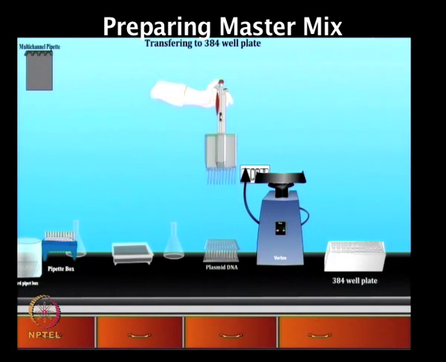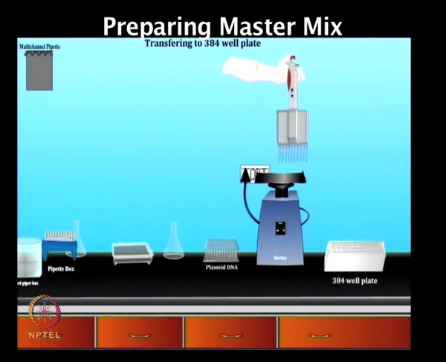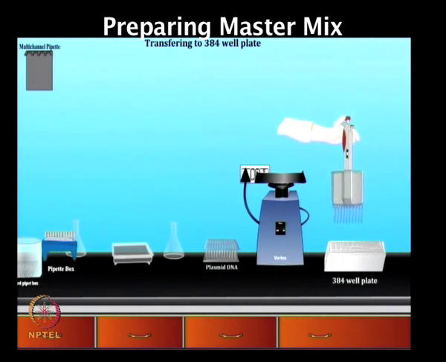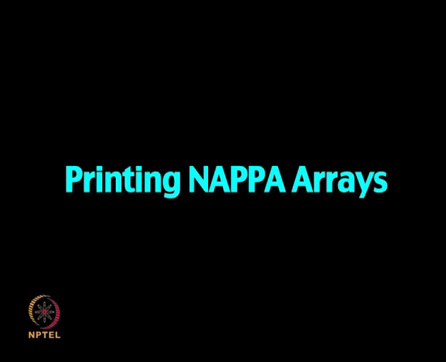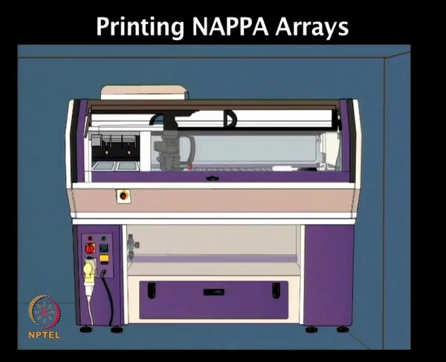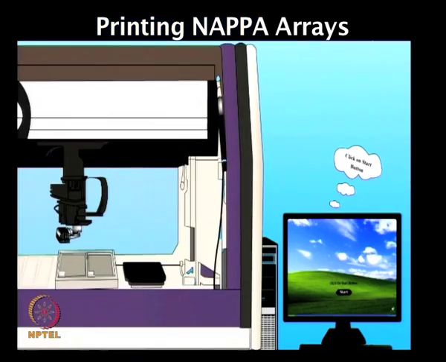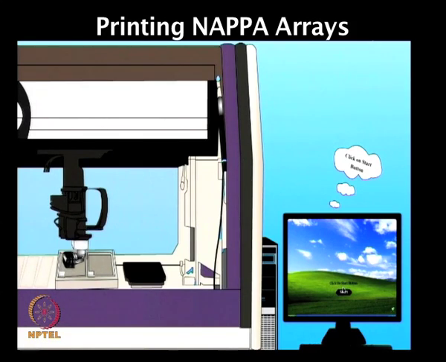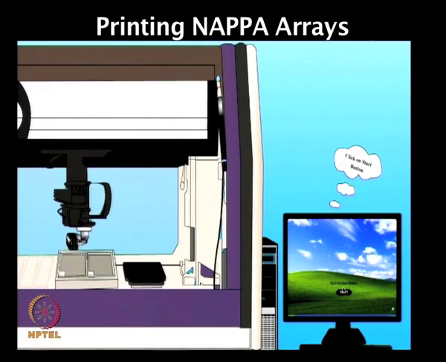Again, these steps can be performed either using multi-channel pipettes or by using liquid handling systems. Once the master mix is prepared and transferred into the 384 well plate, we can perform the printing step. We can use these microarrayers to print the DNA and the master mix on aminosilane coated glass slides. First, you need to ensure that pins are washed thoroughly.